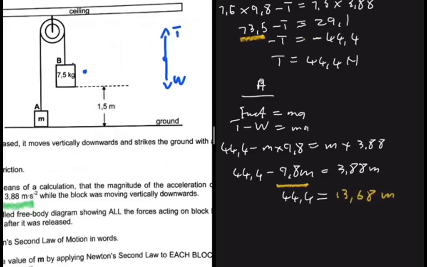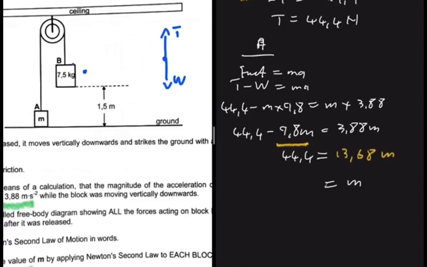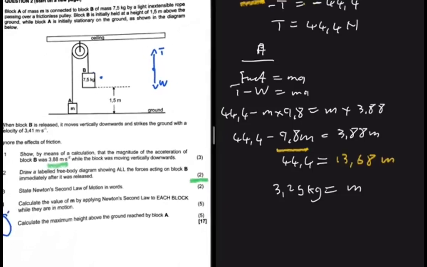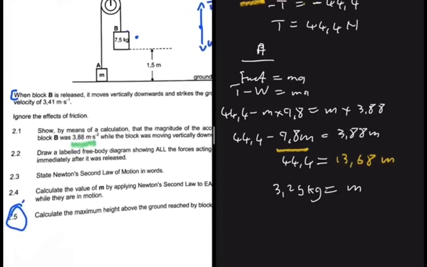If we divide both sides by 13.68, we're going to have 44.4 divided by 13.68, and then the size of our mass is 3.25 kgs, right? So we have our mass, the value of M.